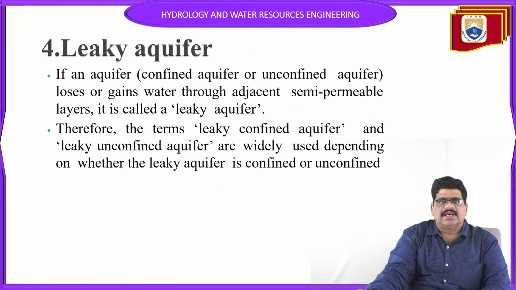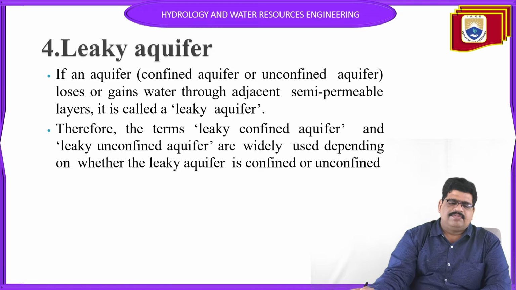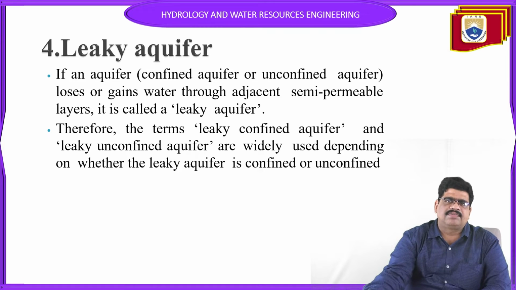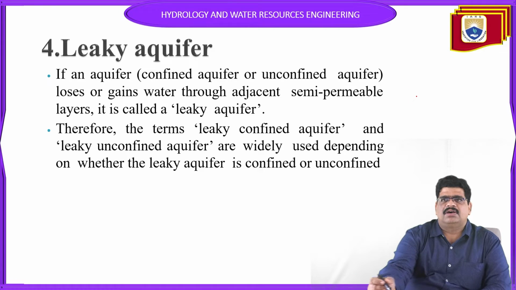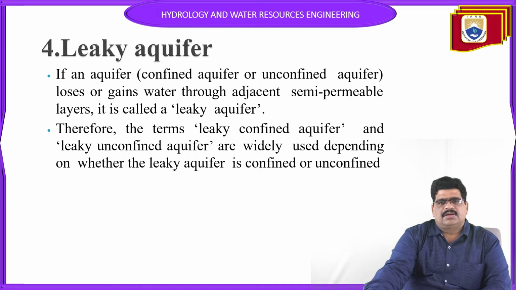Next, the fourth one is the leaky aquifer. A leaky aquifer can be a confined aquifer or an unconfined aquifer. The loss or gain of water to adjacent sides through semi-permeable layers is called a leaky aquifer. It means that whether it is a confined or unconfined aquifer, water can flow through the edges of the aquifer.